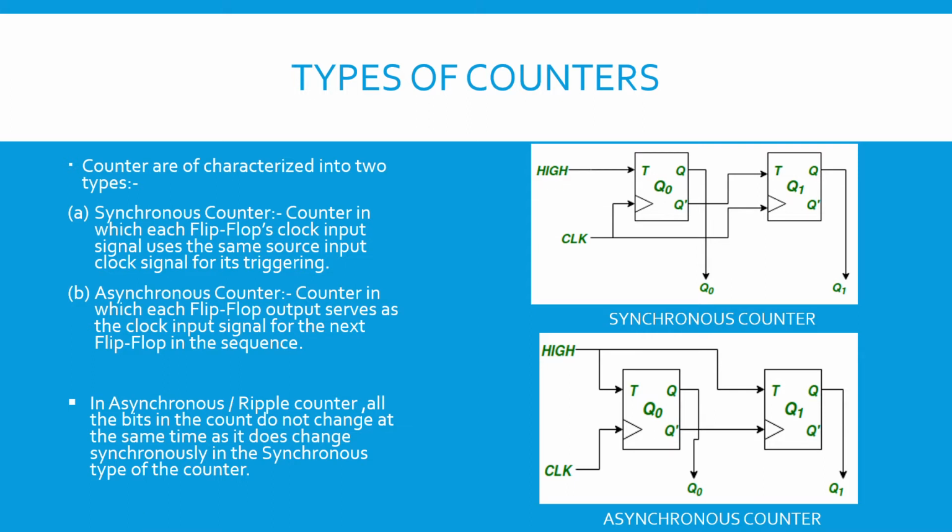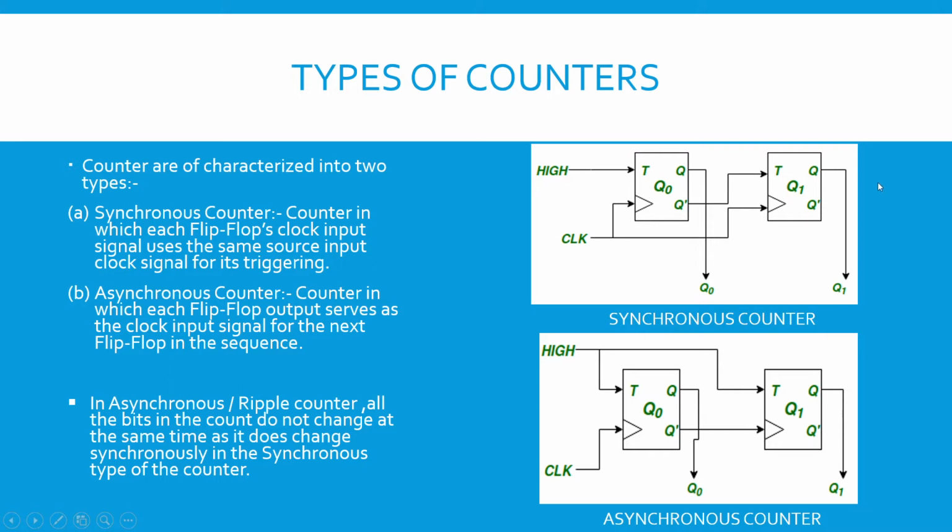There are two types of counters: synchronous counter and asynchronous counter. In a synchronous counter, each flip-flop's clock input uses the same source clock signal for triggering. In an asynchronous counter, each flip-flop's output serves as the clock input signal for the next flip-flop.